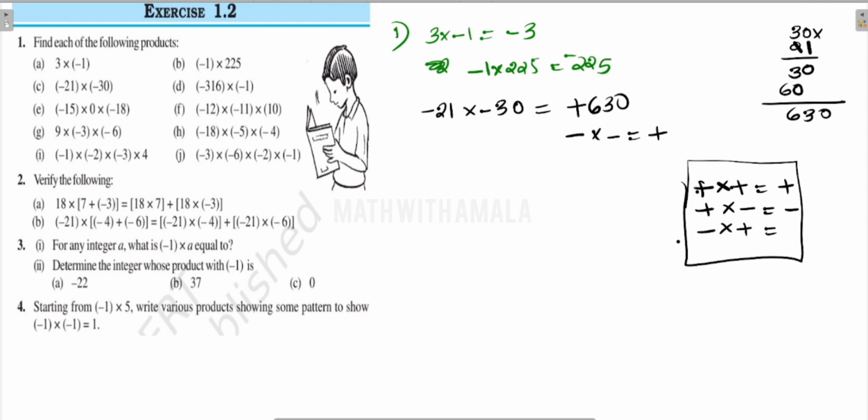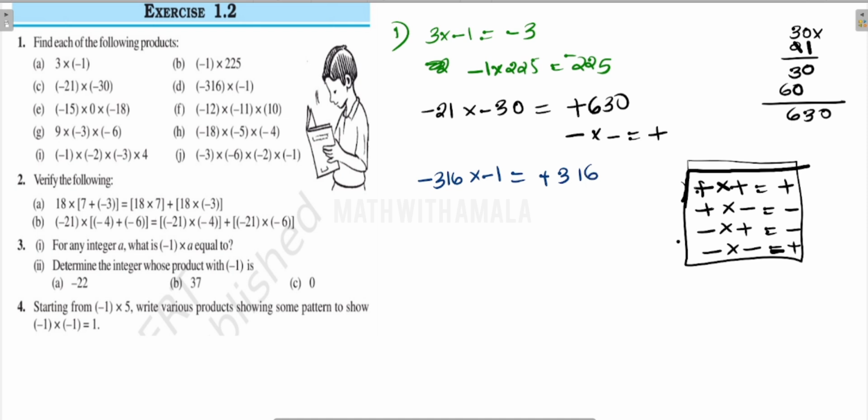Negative into positive is negative. And also negative into negative is positive. So if we take two like charges, it will be positive only. If we take different charges, it will be negative only. Okay, so this is the thing that we can study from this multiplication of integers in positive and negative cases.